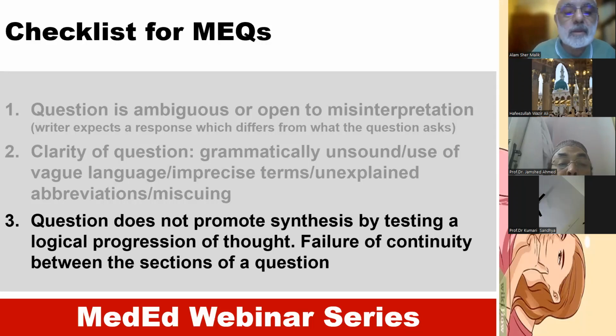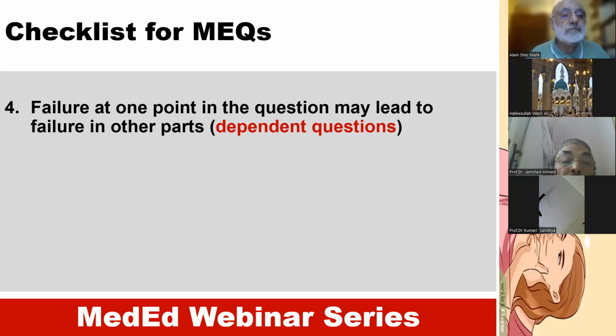So we have to look into whether the parts of the questions are linked to each other, and there is a natural or logical progression from part 1 to part 2 and subsequent parts. Failure at one point in the question may lead to failure in other parts, the dependent questions. So we have to be careful.